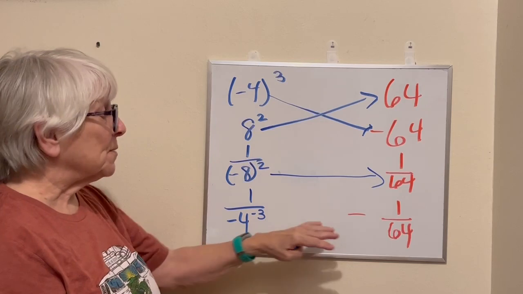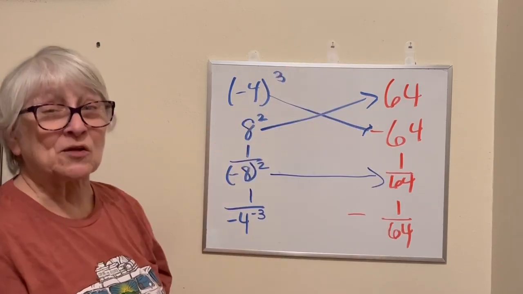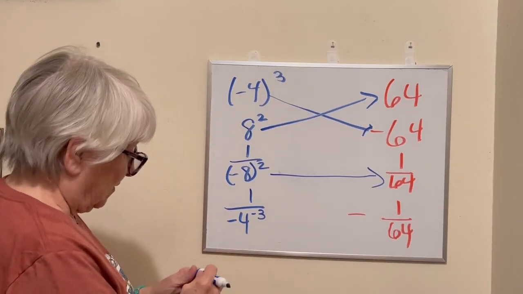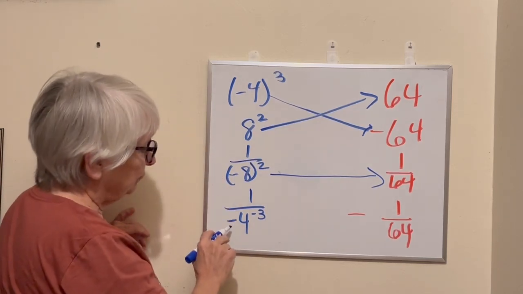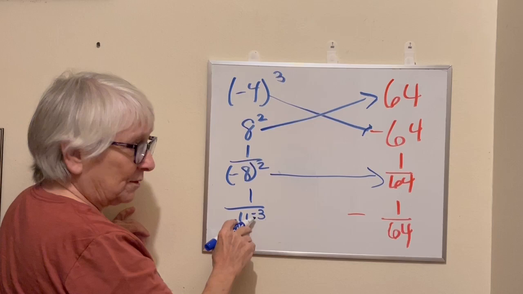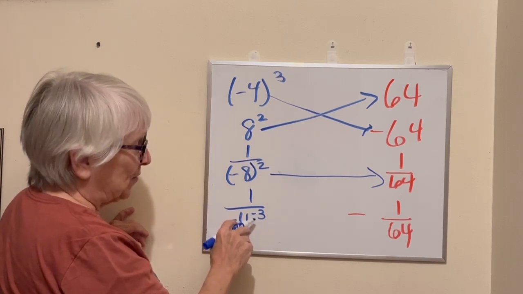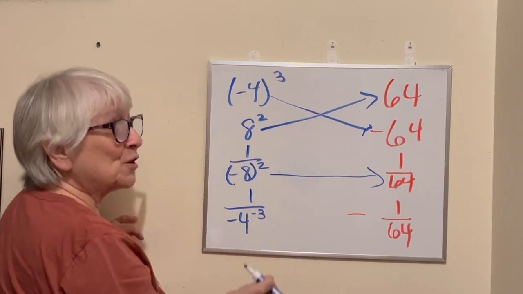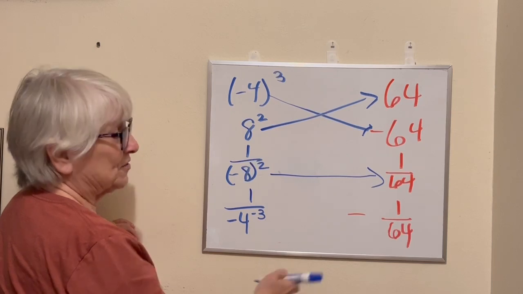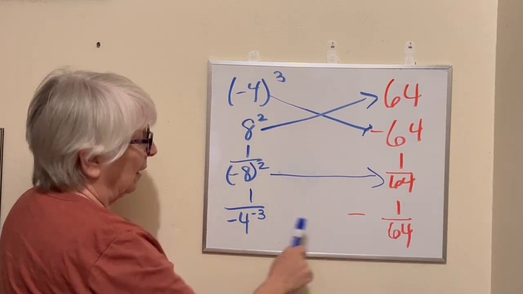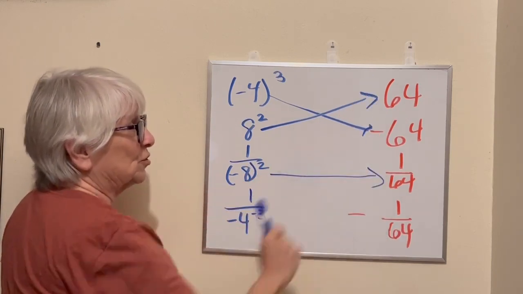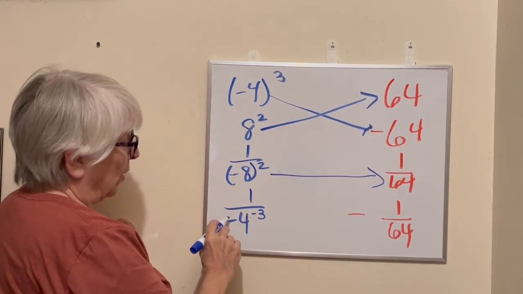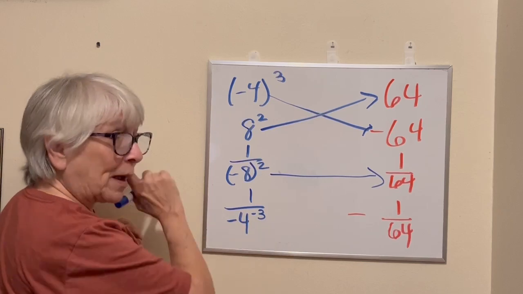Now let's see if this one is going to match this or if it's going to match one of the others. This may be a ringer down here. What does that negative sign on the exponent do? Brings it to the numerator. Okay, so this is not going to be right because that negative sign is going to bring it to the numerator. It's got to be one of these 2. What is negative 4 to the 3rd power?